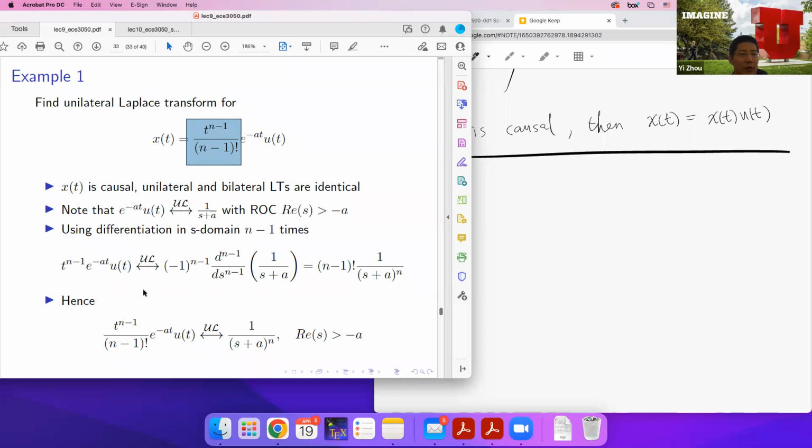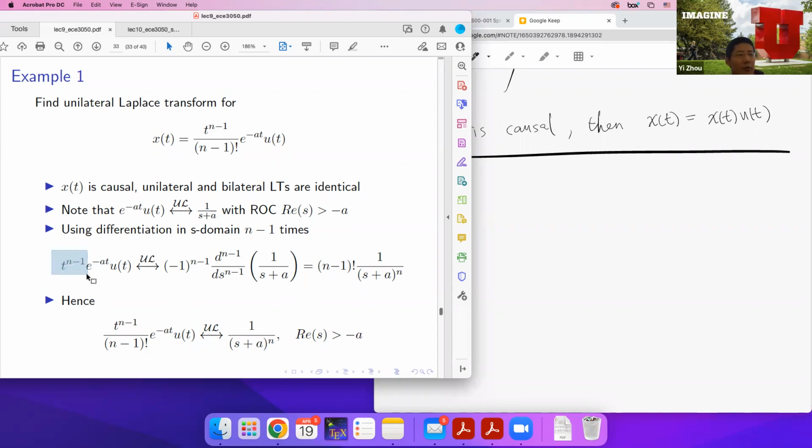So essentially, by the differentiation property in the S domain, such a signal corresponds to such a Laplace transform. Okay. So in the time domain, we add t to the power of n minus 1.